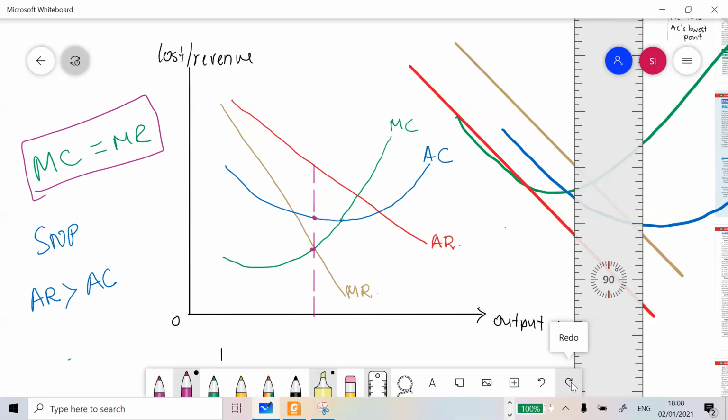Now identify the point where AC cuts the dotted line as F and the dotted line which cuts the AR curve as E. Now draw the dotted lines towards the output from E and F and mark them as B and G. Now we have identified the abnormal profit or the supernormal profit: the area BEFG.